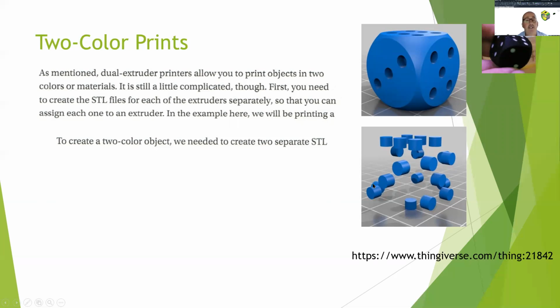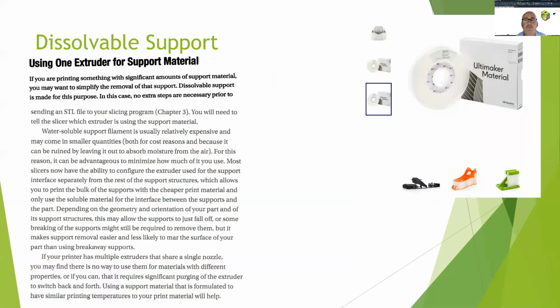And so as far as the 3D printer is concerned, it knows which ones are which by assigning the print head. So I'd assign print head 1 to this STL model, and then print head 2 to this model. And you can see print head 1 was printed in black, and then print head 2 was printed in white. So this is a really awesome technique. You can download these files from Thingiverse if you put in dual extrusion models.